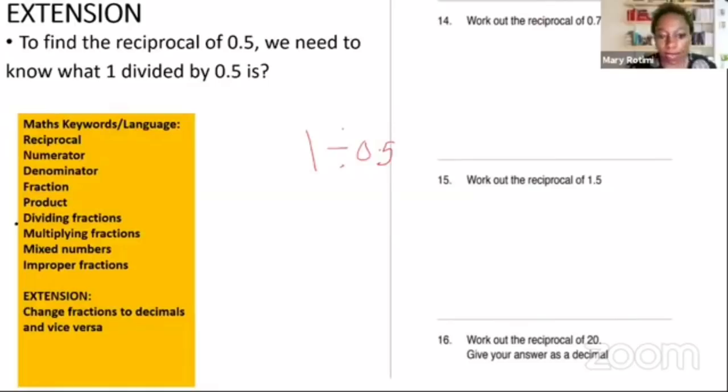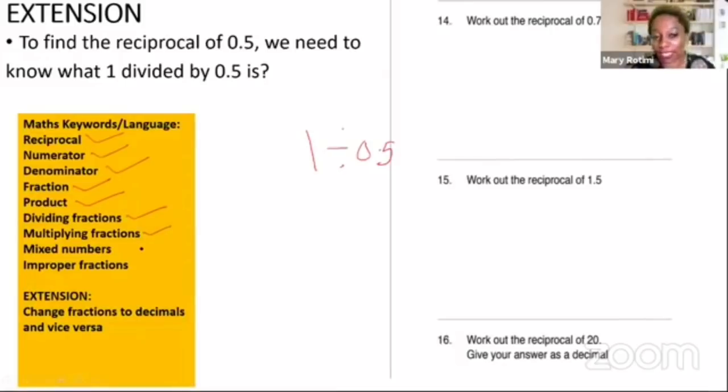So let me just go to the keywords, or what I call maths language here. We've talked about reciprocal, you know what it is. We've talked about the numerator of a fraction, the denominator of a fraction, and the fraction itself. We've talked about what product means, which is times. Right now, in less than 15 minutes, we've actually talked about dividing fractions using KFC. We've talked about multiplying fractions.